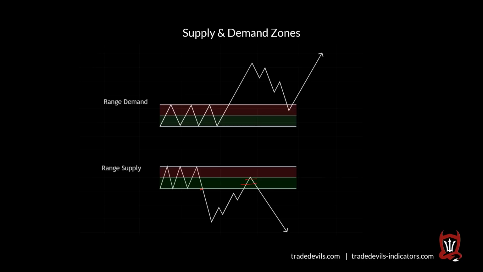Are bears that drove it down going to defend here? We can anticipate that. We can look for that reaction based on that expectation. No guarantee, of course. It could easily blow right through that. But this is an area to draw our attention to and then see, are there other confluence points or other technical analysis or other components that we might look for to anticipate that we get that reaction there?